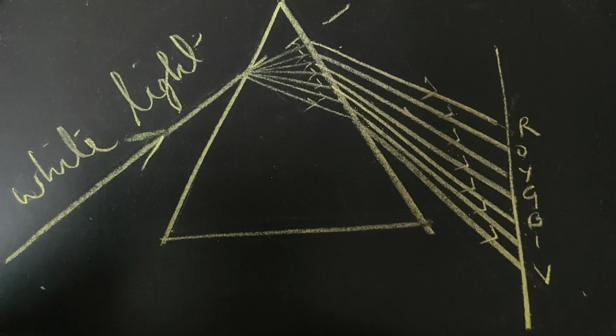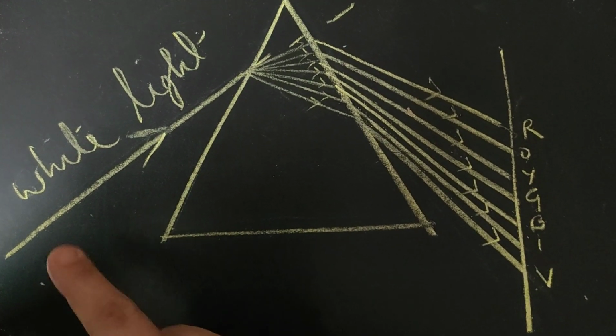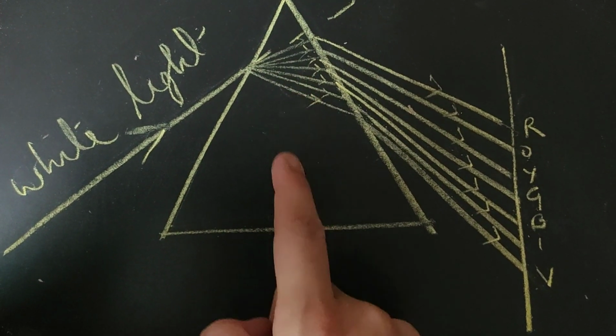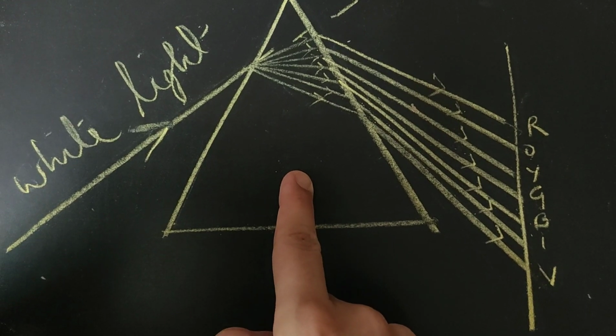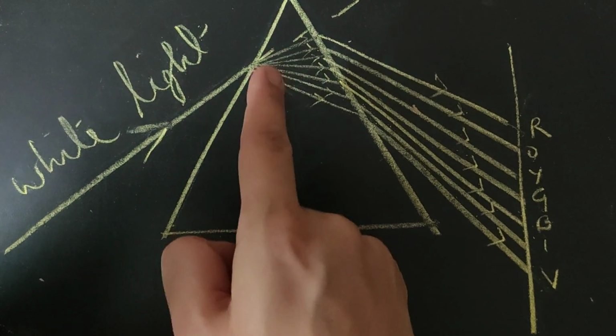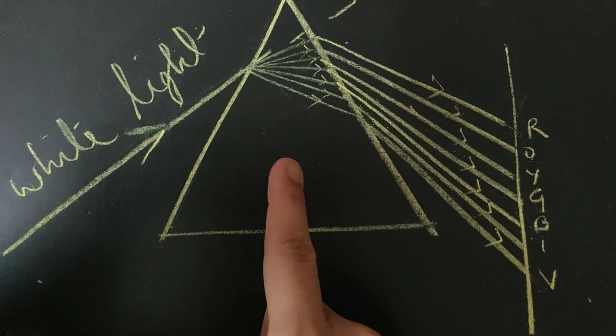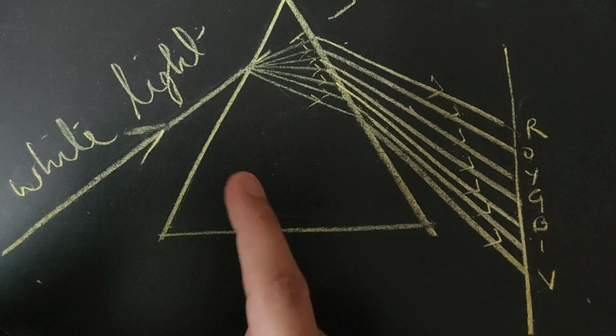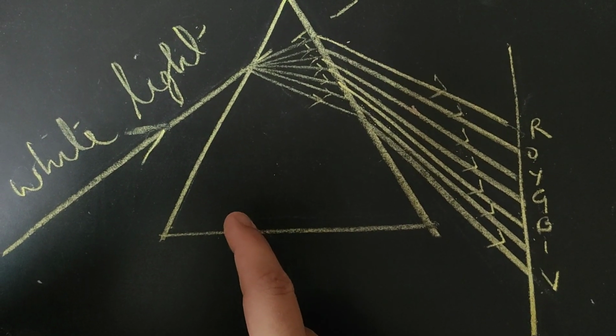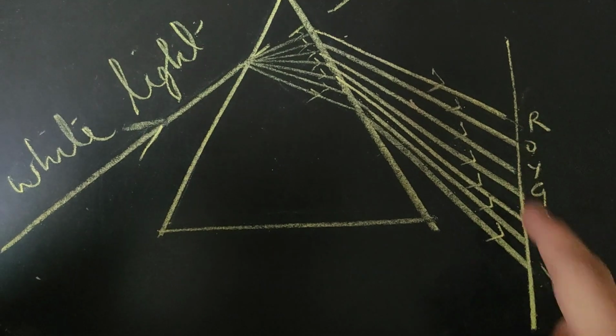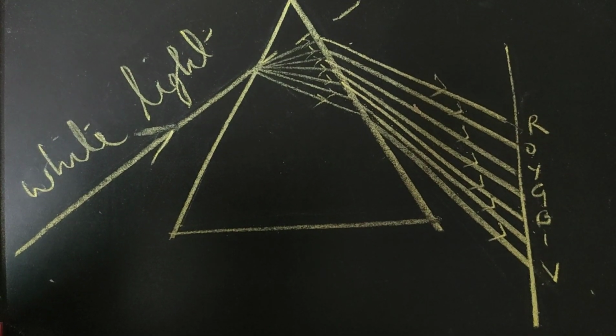This is a one marker which is usually asked, that why does white light split into its constituent colors when it enters a glass prism? So your answer would be because different colors have different refractive indices, different bending. Okay, so that is why it is splitting it into these 7 colors.